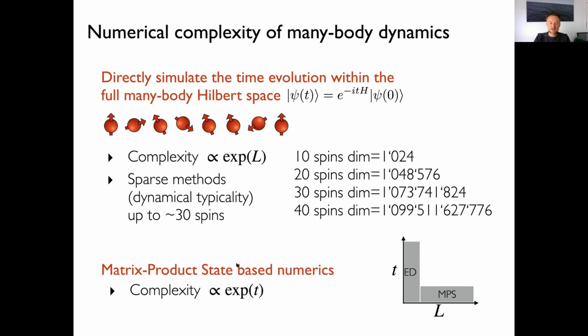However, the representation in terms of matrix product states becomes increasingly inefficient if the entanglement in the state grows, which happens whenever we perform this time evolution, meaning that we are now trading this exponential growth in system size for an exponential growth of the complexity in time. So there's now a big regime where we don't really know what to do if we only have access to these two methods.